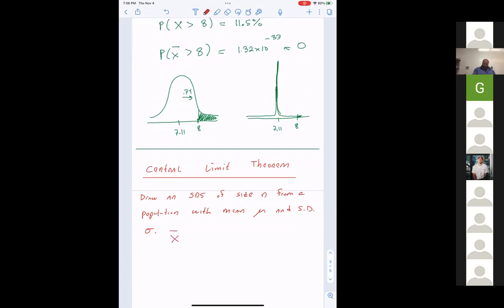X bar is approximately normal if n is large enough.